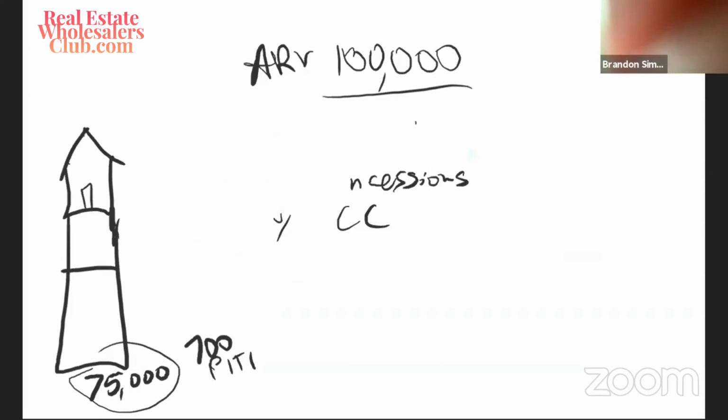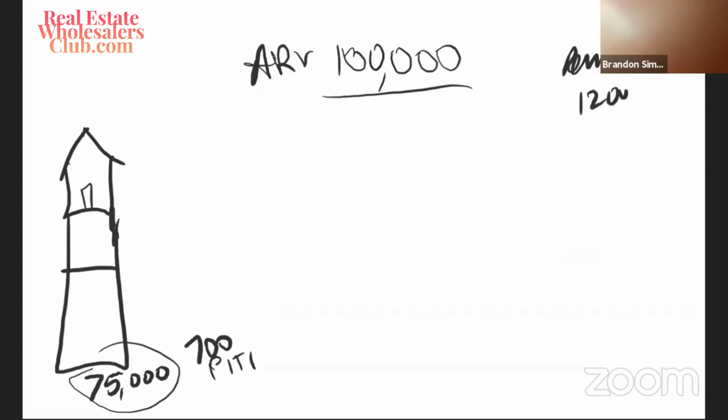And then we'll say the rents on something like this would be $1,200 a month. Okay. So the seller's moving out of town and they decided not to sell the property with a realtor because maybe it needs a little bit of work. If they sold it with a realtor, they would net how much?